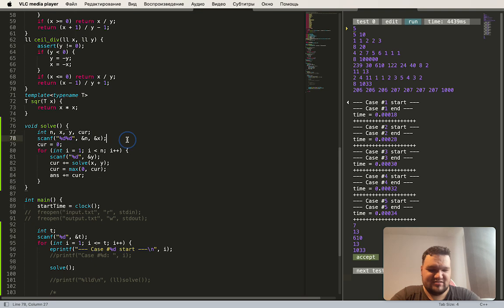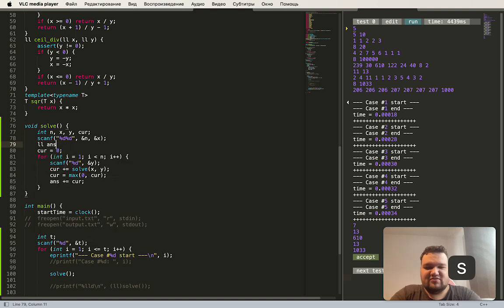And then I add it to the answer. As you can see, I didn't create the variable for the answer yet, and as I said, the answer can be quadratic in n, which is greater than 10 to the 10th power, so it doesn't fit in an integer, so we need a long answer.